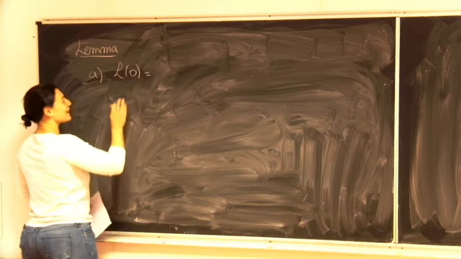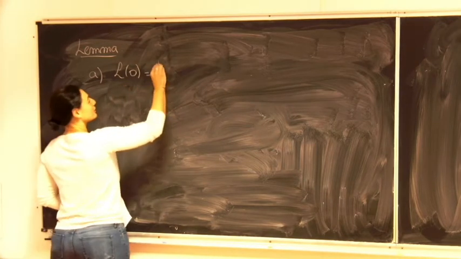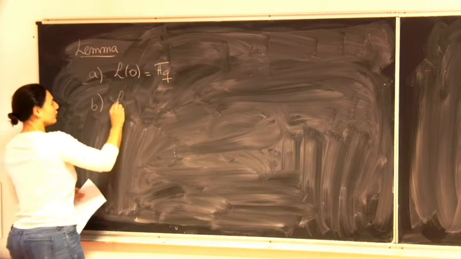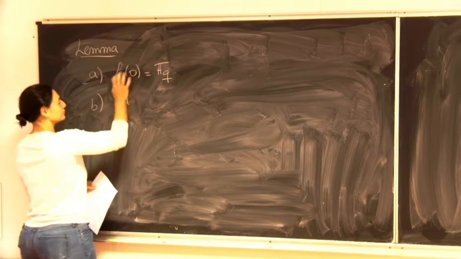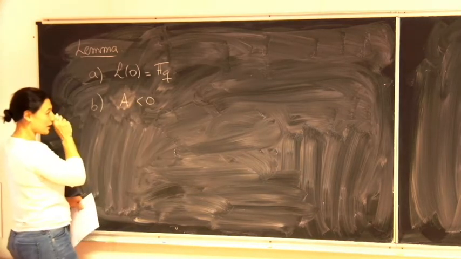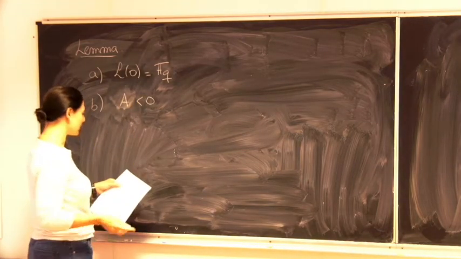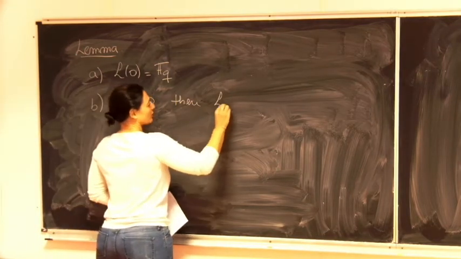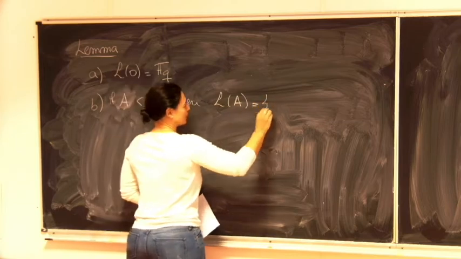L of 0 is just the space of constants F_q, and if A is a negative, a non-effective divisor, then the Riemann-Roch space has only the 0 element.